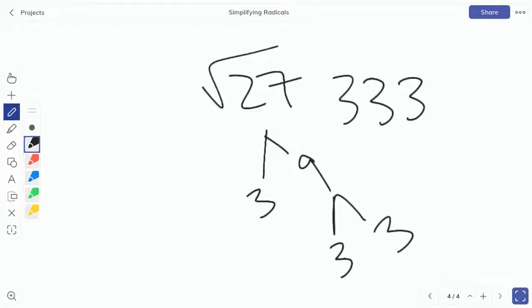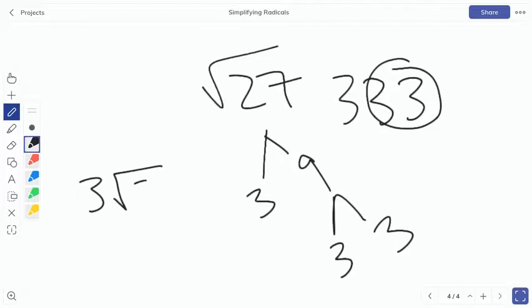So if you have 3 3s, then we group them into pairs of 2. Now the pair of 3s can be moved outside of the square root. And we are left with 1 3, which has to stay inside the square root because it is not a pair. So the answer is 3 square root of 3.